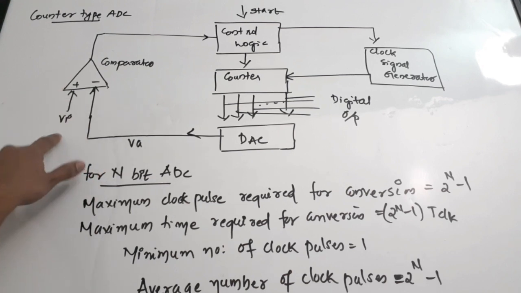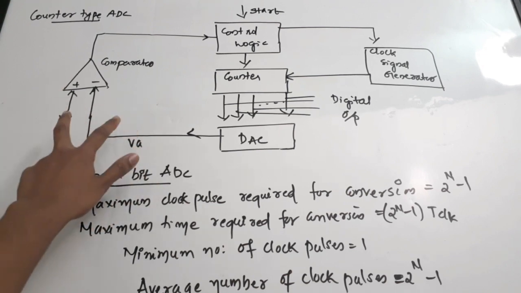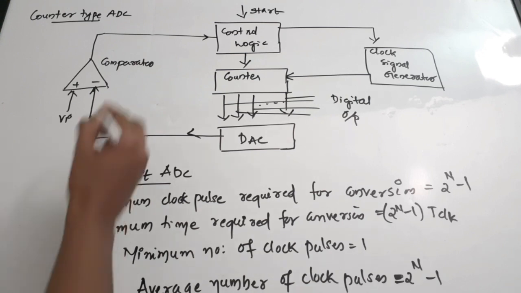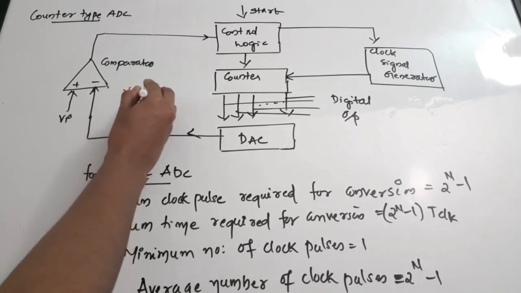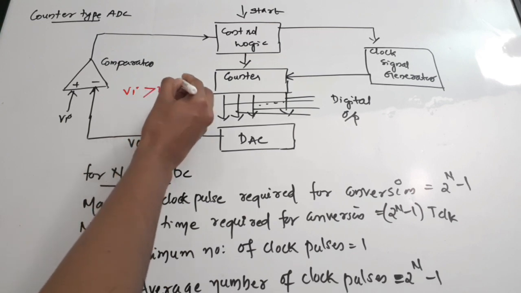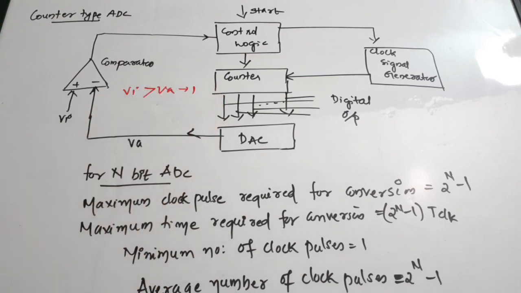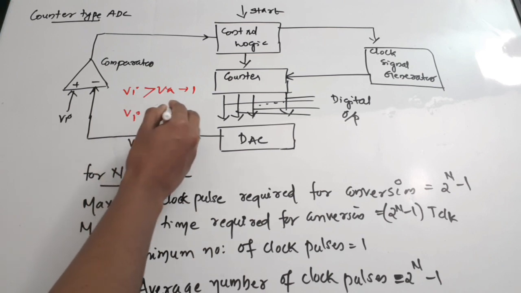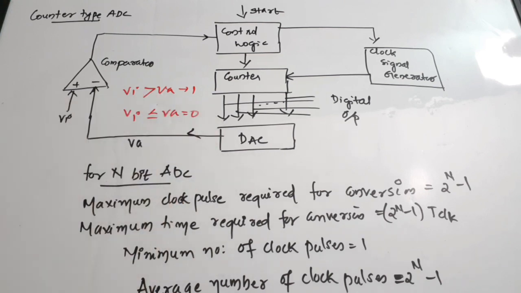So we compare these two. If Vi is greater than Va, the output of the comparator is 1, and if Vi is less than or equal to Va, then the output is 0.